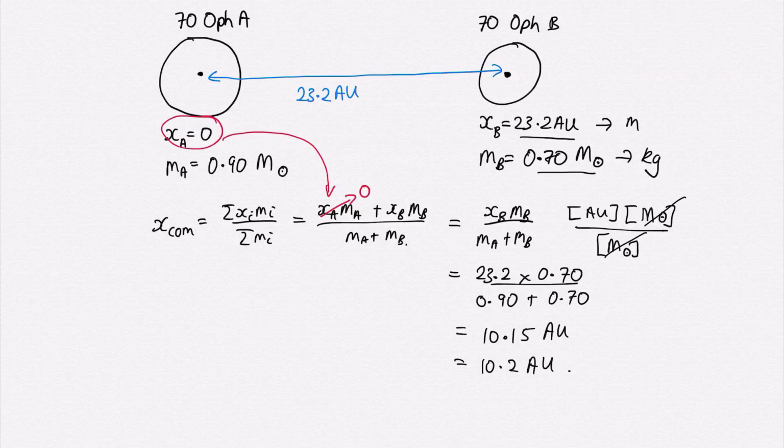And so along this line, it is slightly closer to star A than star B, which is what we expect, as star A is the heaviest star. So if these were going in circular orbits, which it actually turns out they're going in elliptic orbits, but if they were going in circular orbits, they both move in circles about this center of mass point here.